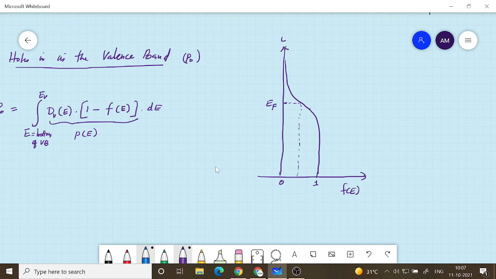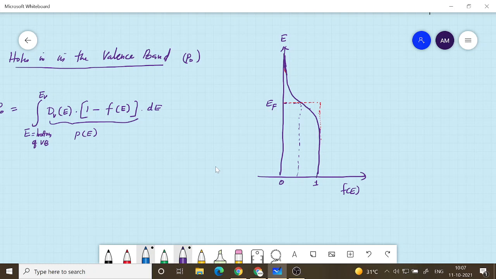Okay, so this is E. Now at T equal to 0 degree Kelvin, I said it is something like a step function like this, and at some finite temperature it will be a smooth function like this, which goes to zero at higher energy. Exponentially it goes to 0, and here it goes to 1.